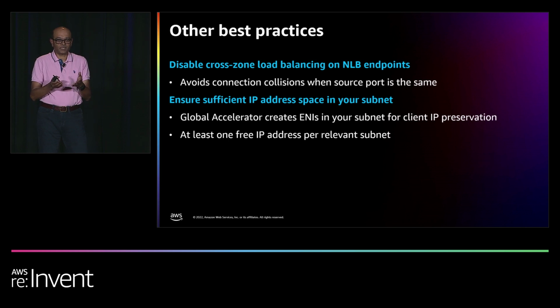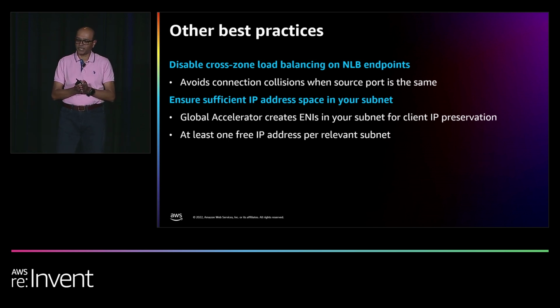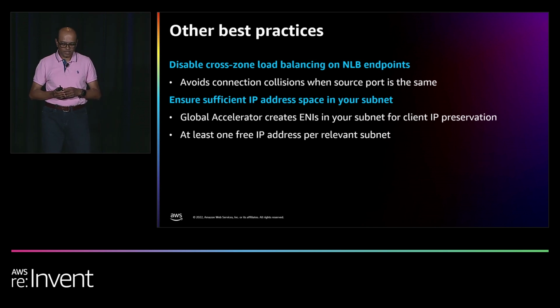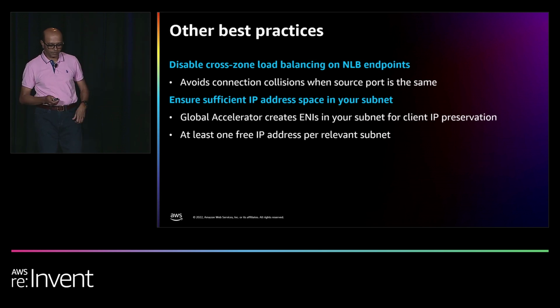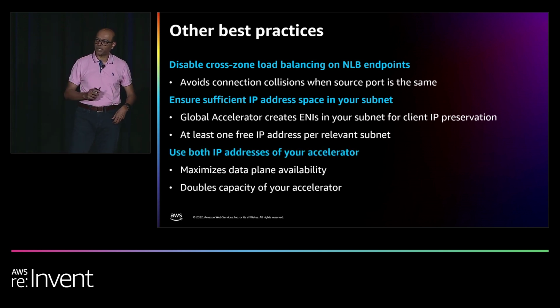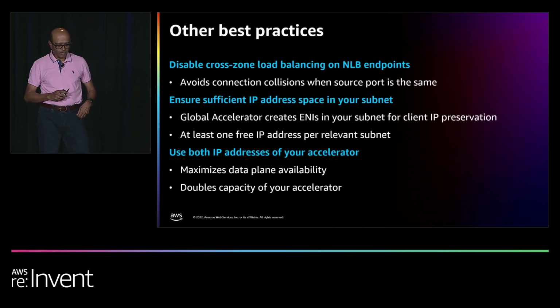So it needs to have at least one IP address available per relevant subnet. Please make sure that at least one IP address is available so that you don't run into this issue, because if Global Accelerator runs into it, then your accelerator configuration will not complete. You'll see that as a pending state. And lastly, as I mentioned before, use both IP addresses of your accelerator. That maximizes data plane availability and also maximizes the capacity that you can have on each edge pop.